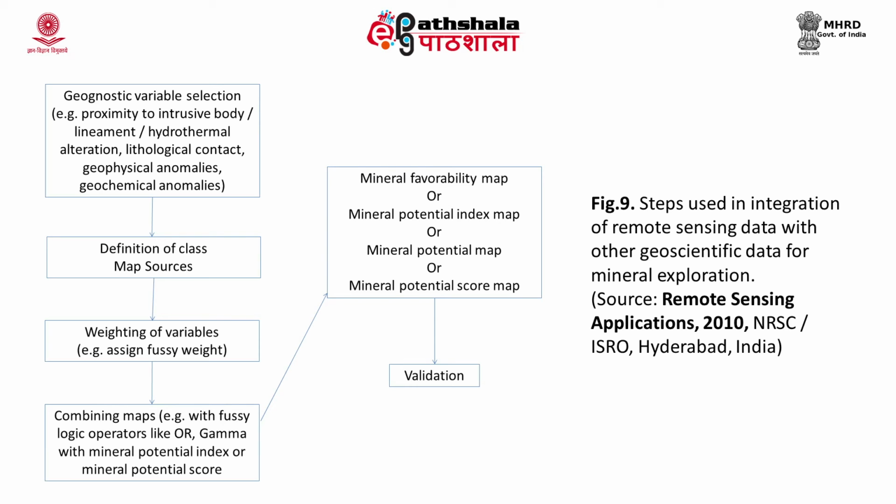Then the next step will be combining maps, for example with the fuzzy logical operator like OR or gamma, with the mineral potential index or a mineral potential score, and then from this one we can go for mineral favorability map, mineral potential index map, mineral potential map, or the mineral potential score map, that we can prepare. And finally, we have to go for the validation. In this way, you can start the mineral exploration work for a particular area using remote sensing data and images.